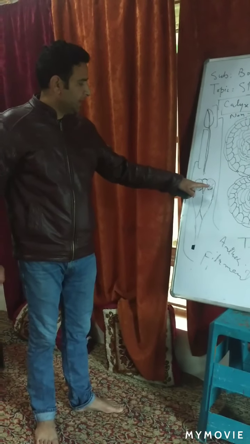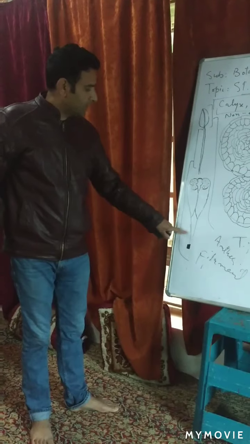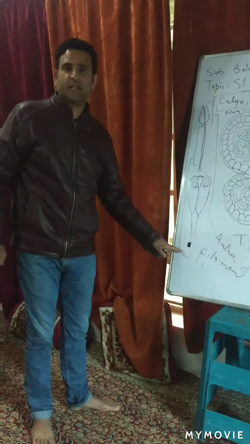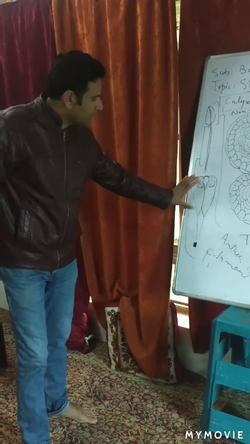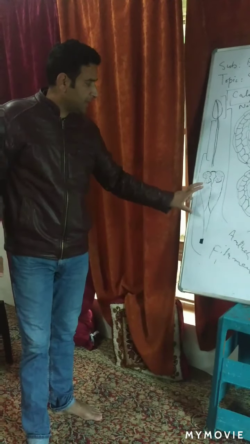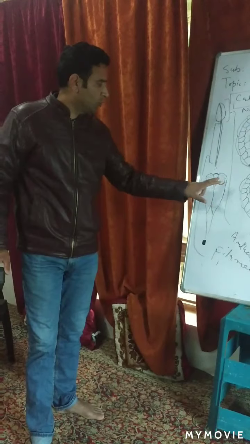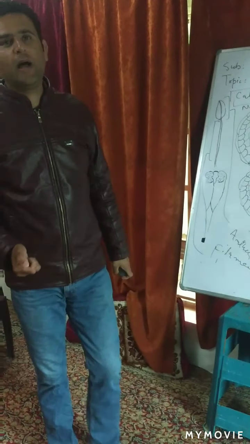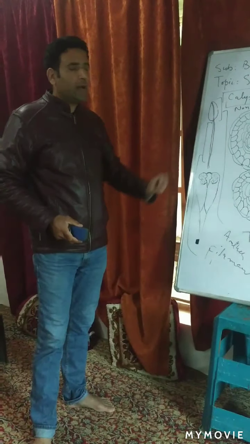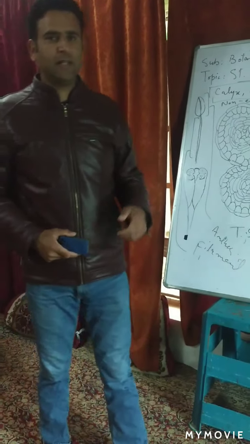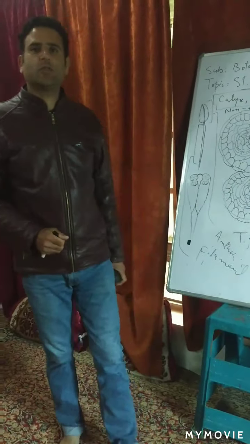You will find it has filament towards the lower side, which is the sterile part of stamen, and towards its upper portion, there in a dithecous anther there are two lobes, and each lobe has two pollen sacs as shown here. By dithecous anther we mean an anther which has two lobes.